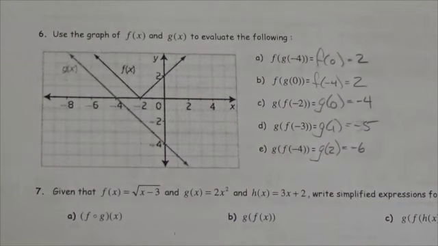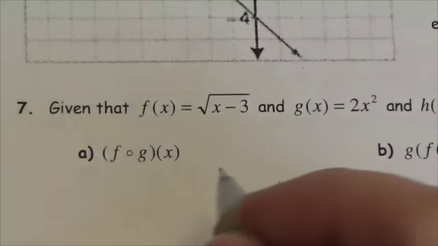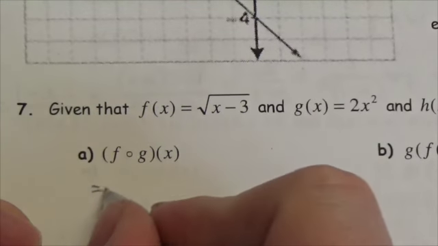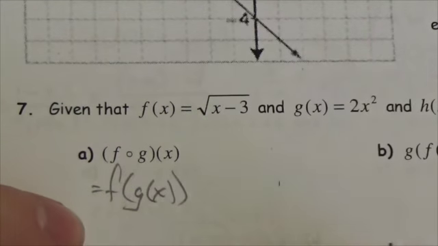Anyway, negative 5. Given that f of x is the square root of x minus 3, and g of x is 2x squared, and h of x is 3x plus 2, write simplified expressions for the following. All right. So here we go. We're going to compose these two functions right here, and remember that this means the same as this, f at g.